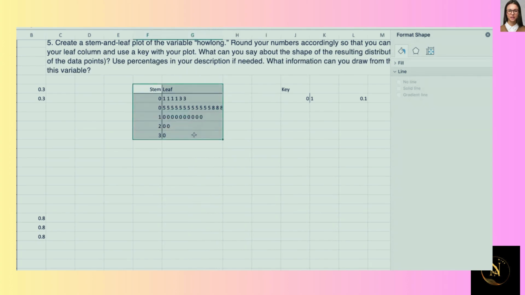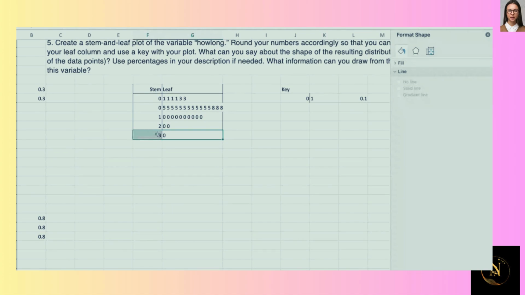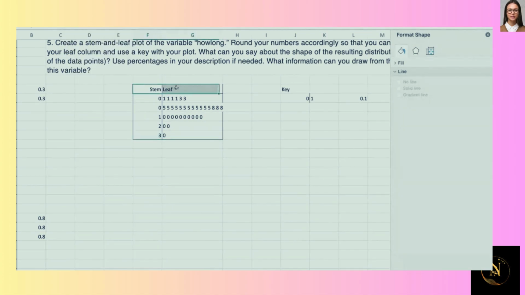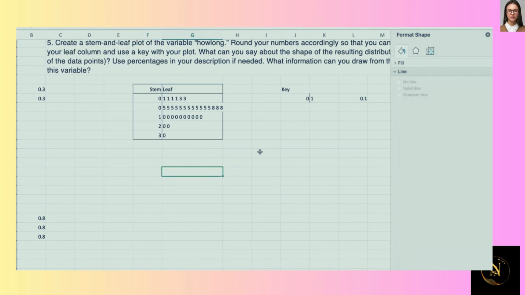I'm just going to put one box going around it, left and bottom, and that's the bottom and the top. There we go. Okay. And then here's my key.